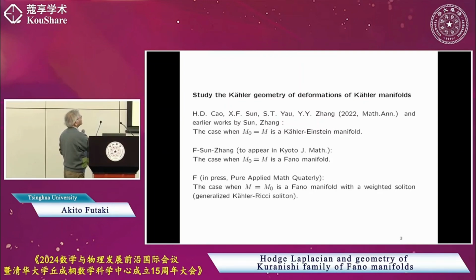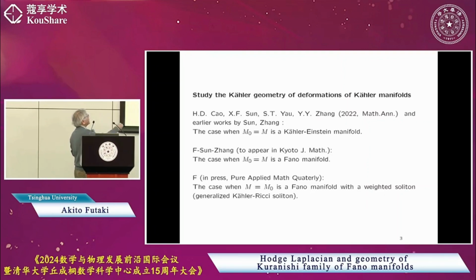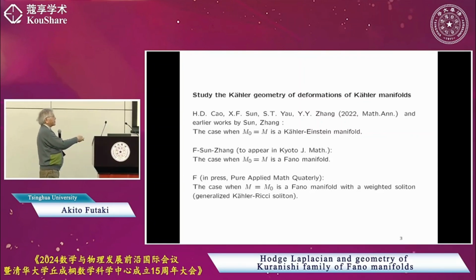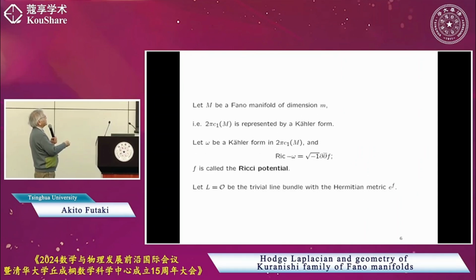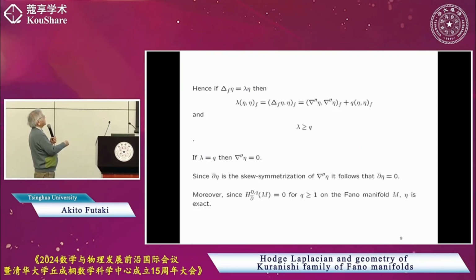So what I want to say is that this result for Kähler Einstein metrics can be extended to weighted solitons. Weighted solitons include Ricci solitons, Kähler Ricci solitons. So what are weighted solitons?